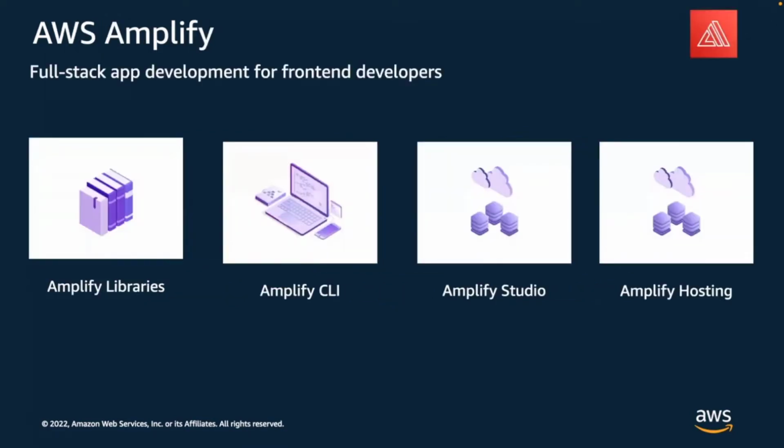Now, AWS Amplify is really geared towards that front-end developer experience, where they want to build out a full-stack application. It does so with the use of a couple of tools inside of this framework. For example, if you want to bring in your existing architecture or reference services that you may have created within Amplify, we have a library package that you can use to do just that.